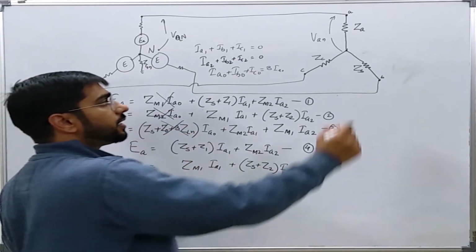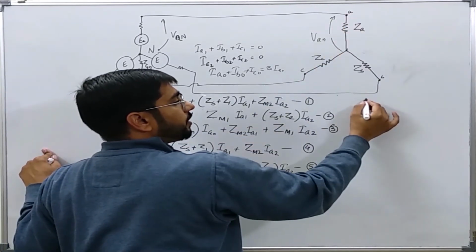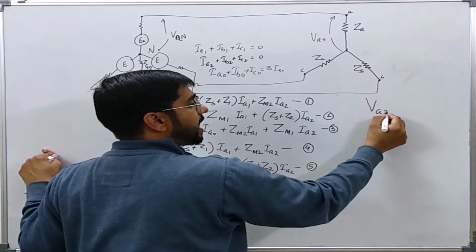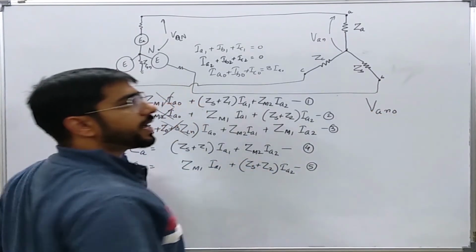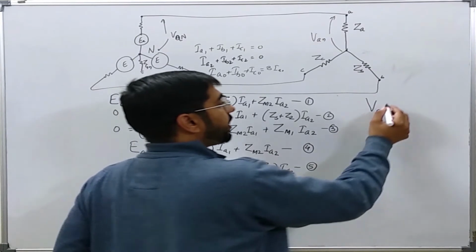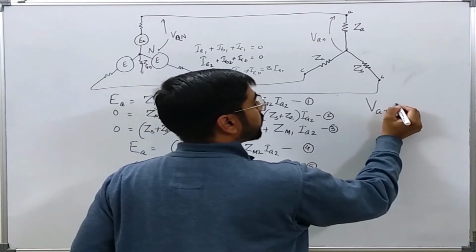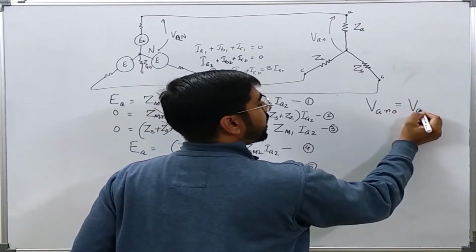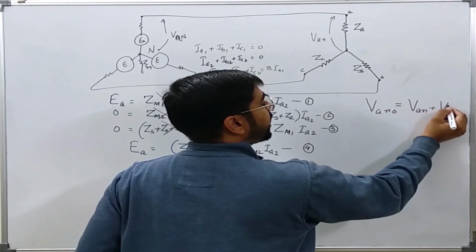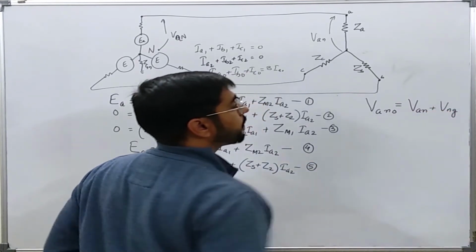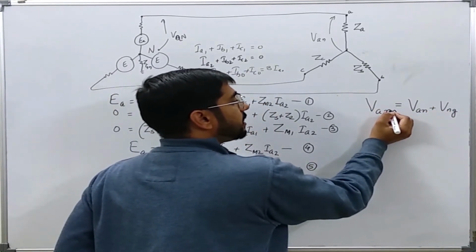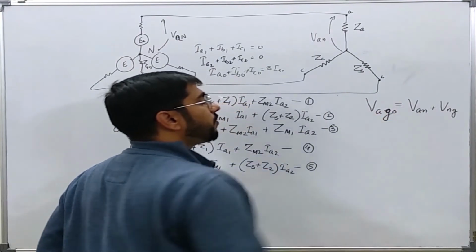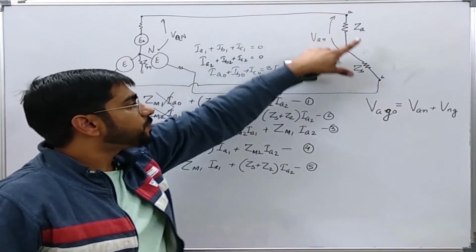However, the potential of VA and the zero sequence component can be written as VAN plus VNG, that is the voltage of point A with respect to ground.